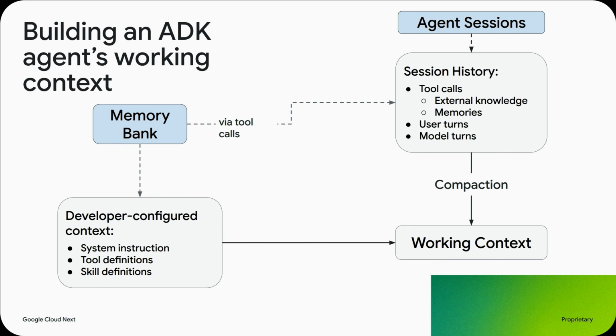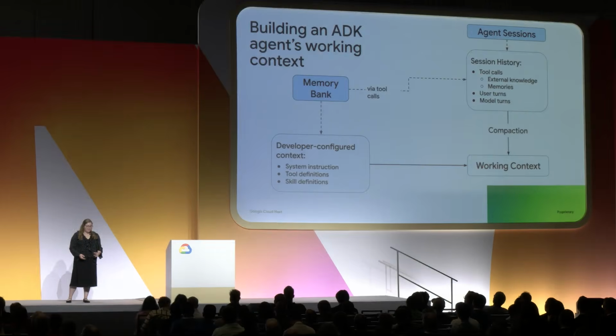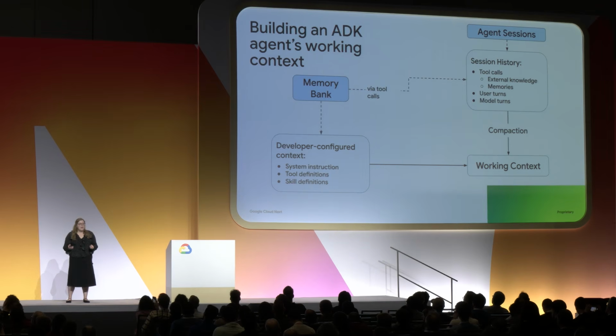The session history is a very, very verbose, turn-by-turn log of all of the conversation. You probably don't want to include all of that, especially as your conversation gets long, so this is where compaction comes in. Then you have your more developer-provided content, which also can be dynamic.